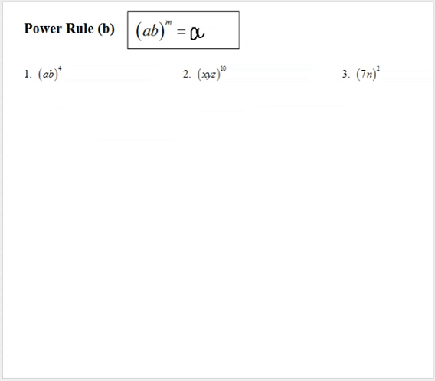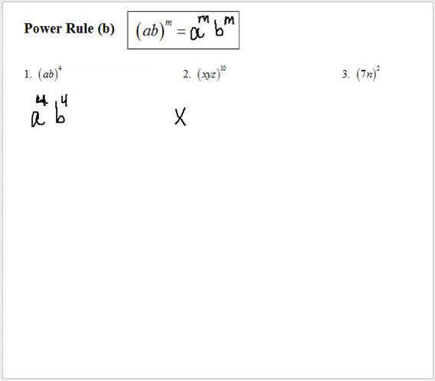A to the power of m times b to the power of m. Exactly. Mariam, so this one would be a to the power of what? 4, b to the power of 4. Very good.